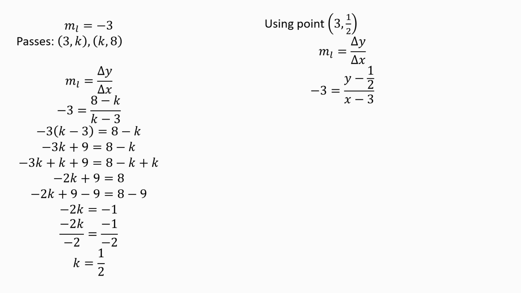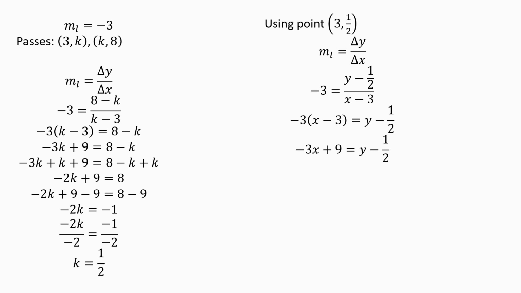We cross multiply, we have -3(x - 3) = y - 1/2. So opening the bracket, we have -3x + 9 = y - 1/2. Then remember the equation needs to be in the form of ax + by.